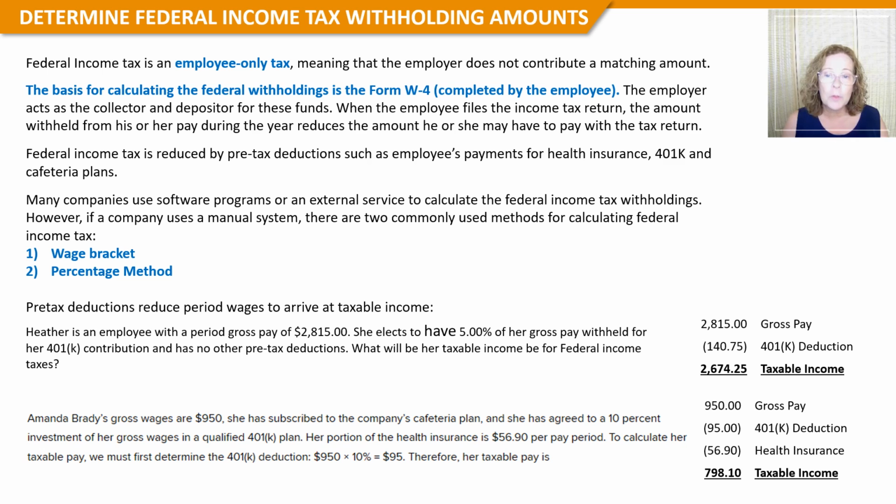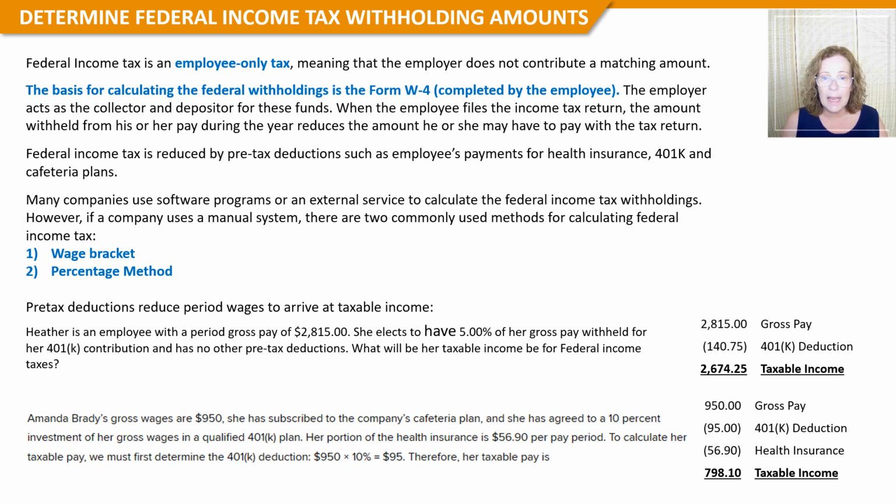We write down the gross amount of $2,815 and then calculate the 401k deduction, which is $2,815 times 5%, or $140.75. We subtract the pre-tax deduction from the gross pay, which results in $2,674.25.